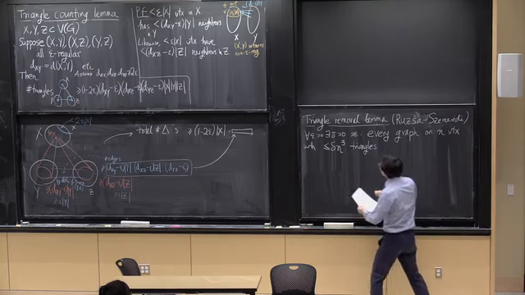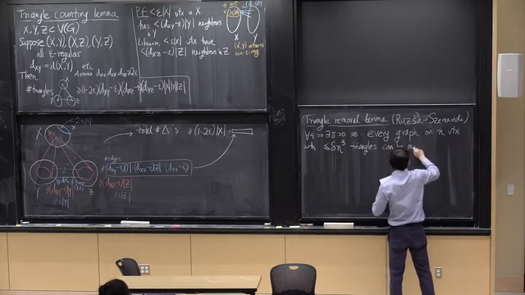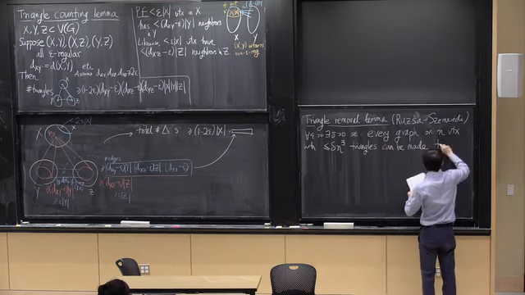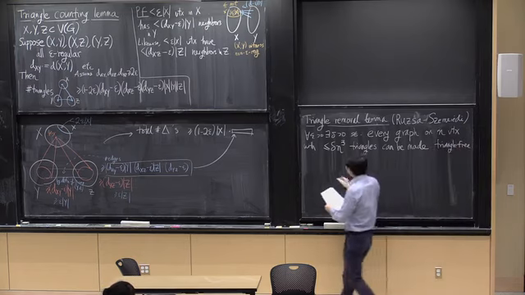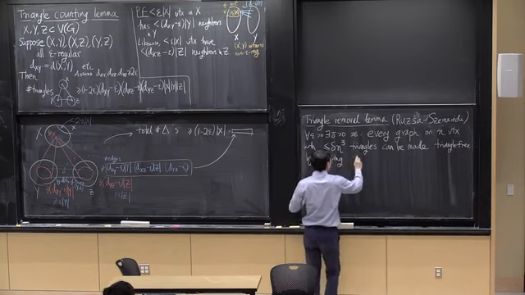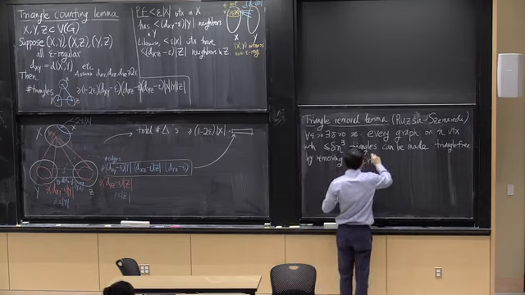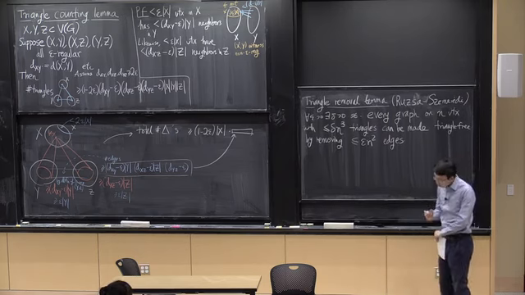So fewer than delta n cubed triangles can be made triangle free by removing epsilon n squared edges. Okay. So if you have a small number of triangles, you can get rid of all the triangles by removing a small number of edges.